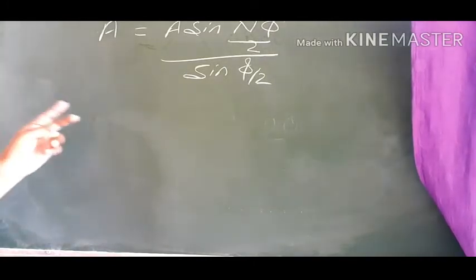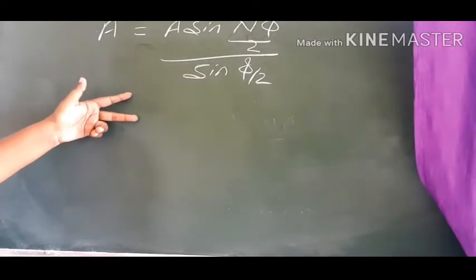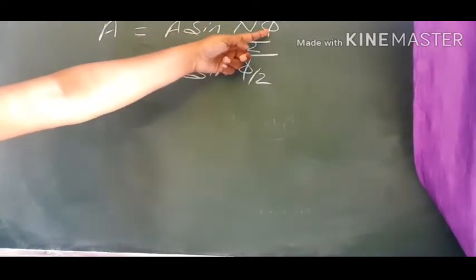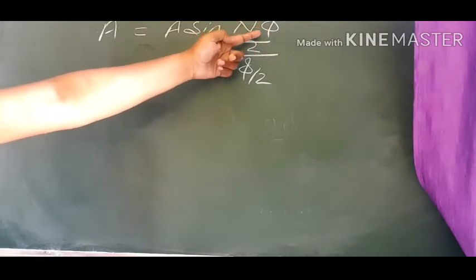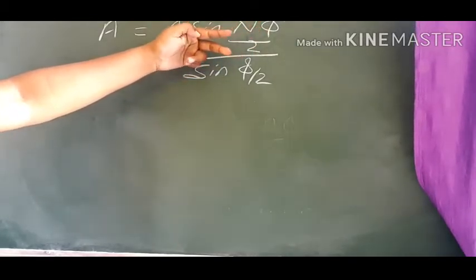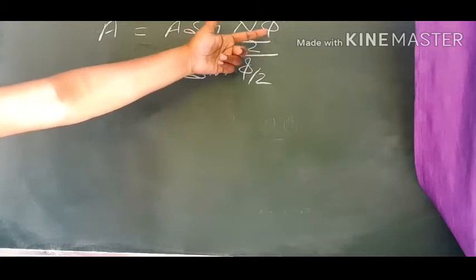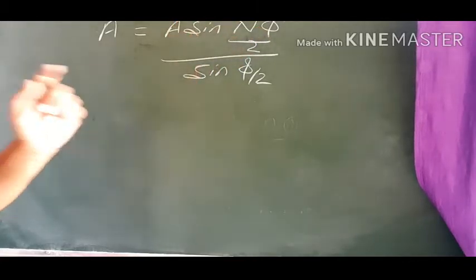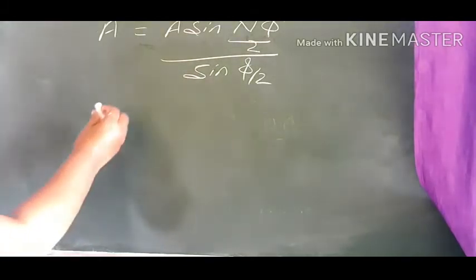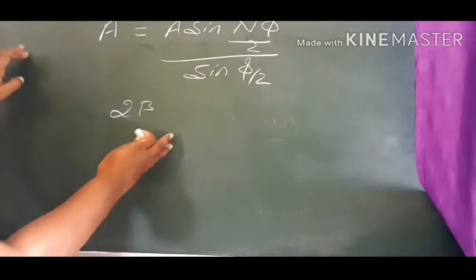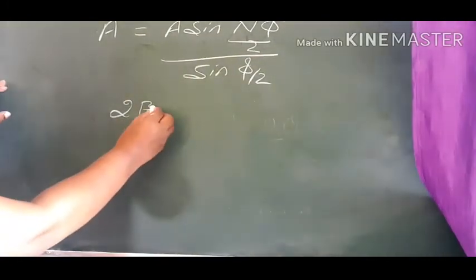In the case of a single slit, we wrote the phase difference between the rays coming from two adjacent elements as phi. In this case, phi should be the phase difference between the rays coming from two consecutive slits, and we know this phase difference is 2 beta.